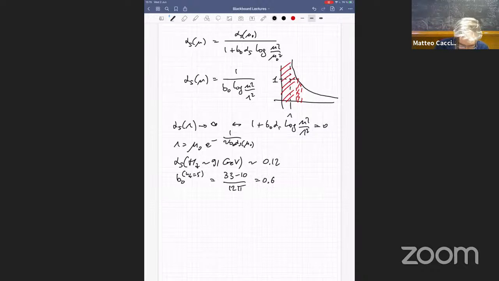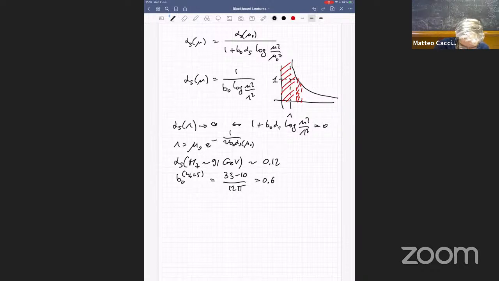And so I can now estimate lambda using this expression here. I can plug in mu0, 91 GeV. I can plug in B0, which is this number here. And I can plug in alpha S at mu0, which is 0.12. And so I can get a number.